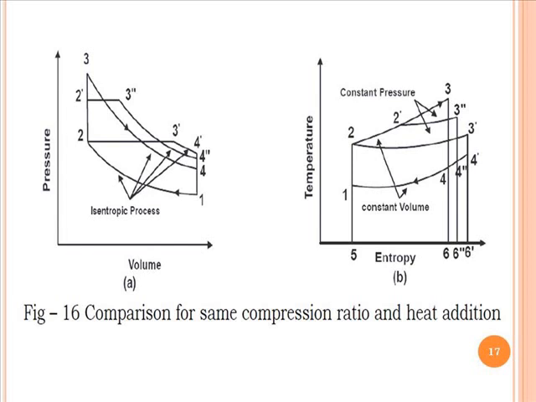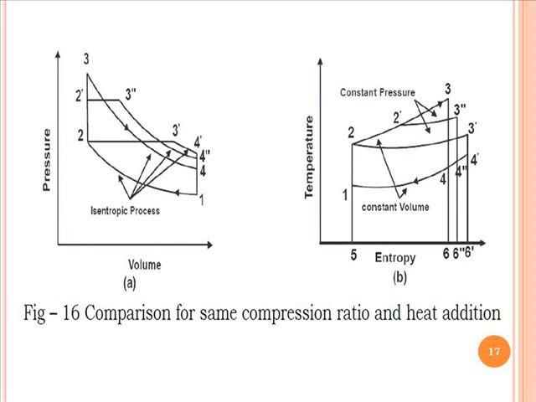So heat rejection in Otto cycle is minimum, whereas in diesel cycle it is maximum. The Otto cycle has the highest work output and efficiency, whereas the diesel cycle has the least efficiency, and the dual cycle falls in between the Otto cycle and diesel cycle.